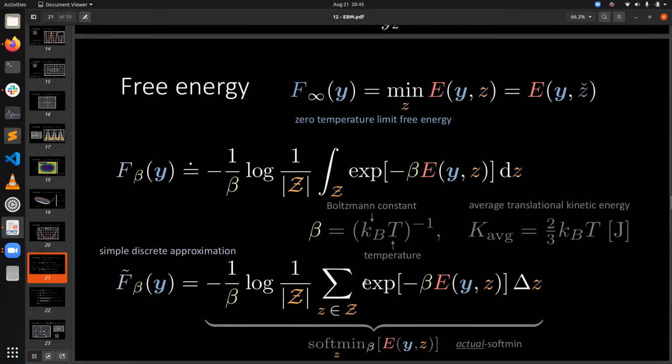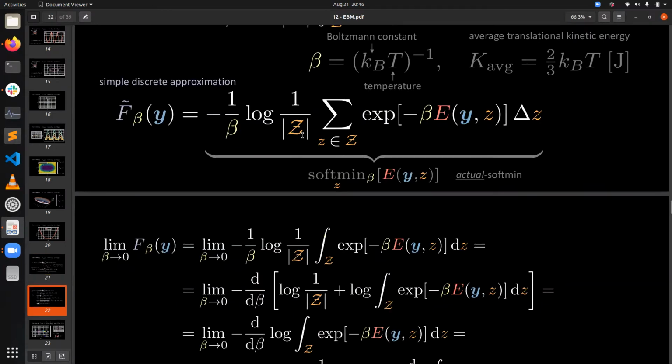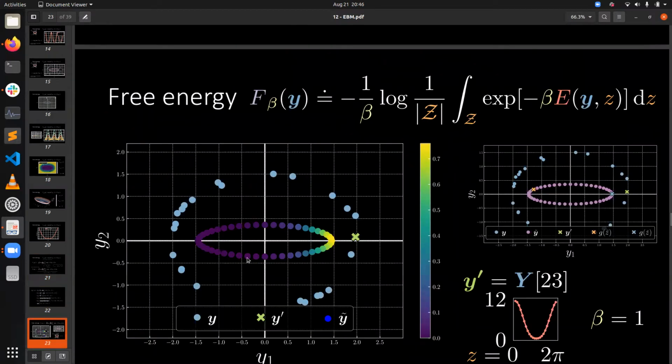here you have this expression which is e raised to minus beta energy of y comma z, right? And this z is the latent variable that you're varying. So as you vary z, you are actually looking at all of these points in the manifold. The manifold is just a parameter of z, right?